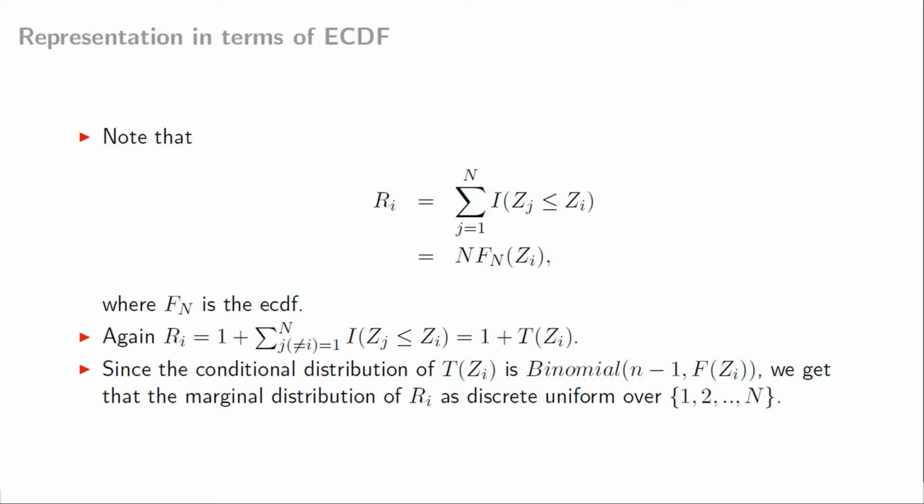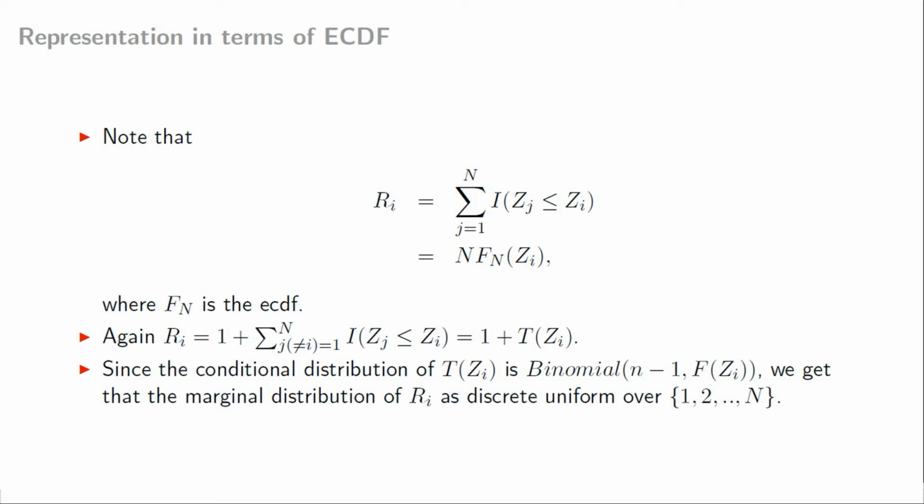Note that by definition Ri equals the sum of the indicators Zj less than or equal to Zi, summing over j, and this is nothing but n times the ECDF at Zi. Again, Ri is nothing but 1 plus summation of the indicator Zj less than or equal to Zi, where the summation is extended over every j not equal to i.